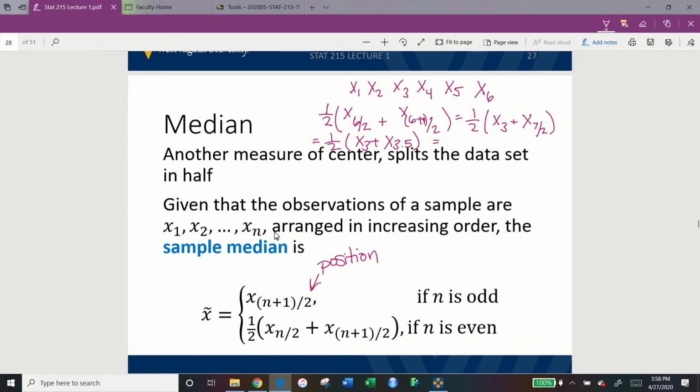If we add this together, we have 1/2 x sub 6.5, which will give us x sub 3.25, or 25% of the way between x3 and x4.